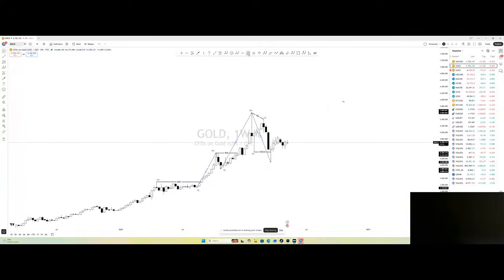Okay, so now what we have in terms of cycles, we have price. I can start the cycle from here: 0, 1, 2, 3, 4, 5. That is how price moves in impulses. So I'll just move the waves.